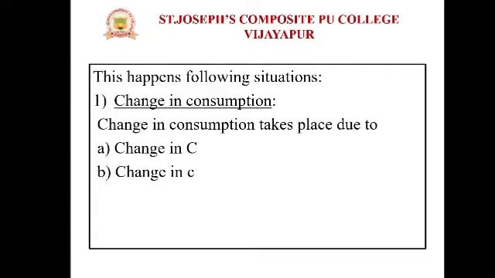That means a change in autonomous consumption and a change in induced consumption. As you know, autonomous consumption means independent of income. Induced consumption means dependent on income. So this is the reason consumption will change.